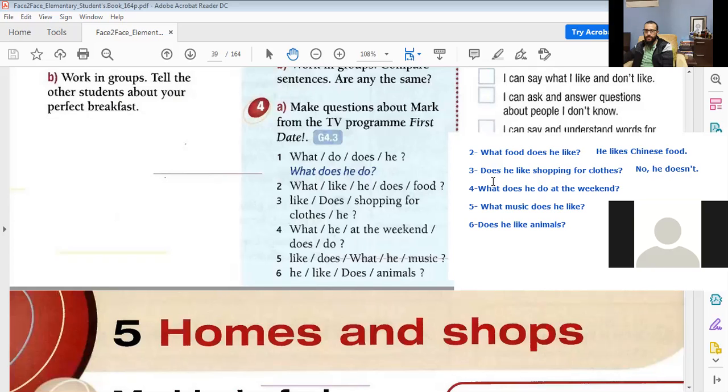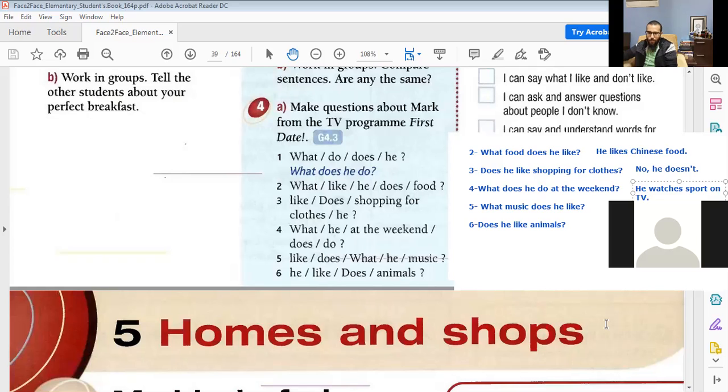I don't remember. Okay, can you think of anything? What do people usually do at the weekend? I think watch sport on TV. Yeah, this is a good answer. He watches sport on TV. Maybe that's correct. This is something people usually do at the weekend.